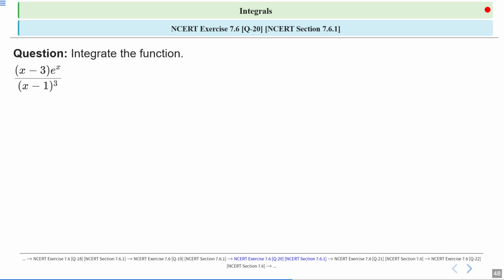Let's go to the next question. Now we have to integrate the function x minus 3 into e^x by x minus 1 the power 3. Now it is not given in separate terms of two. So we have to apply either algebraic manipulation or trigonometric manipulation so that it is converted into a special case. Or we can directly solve by integration by parts.